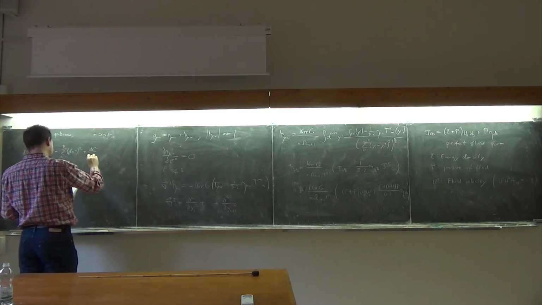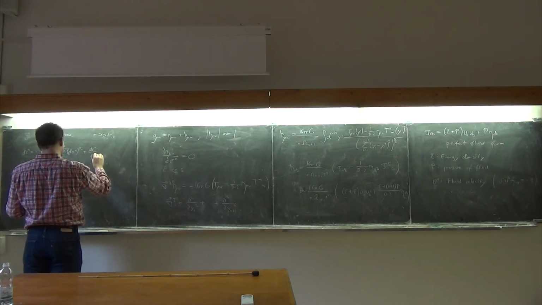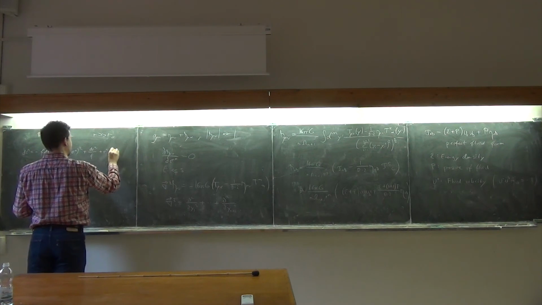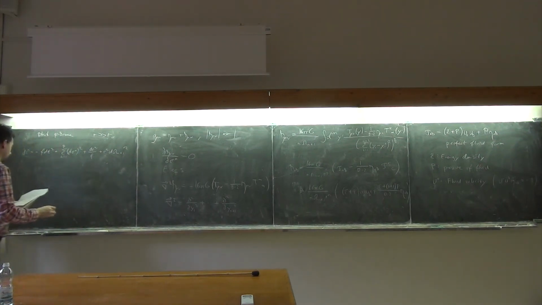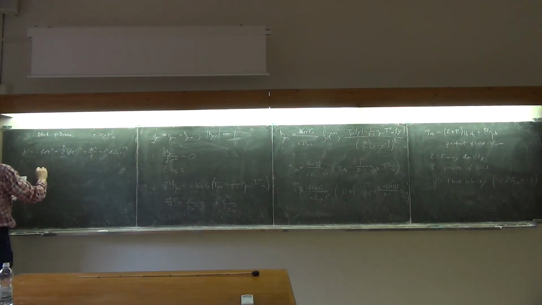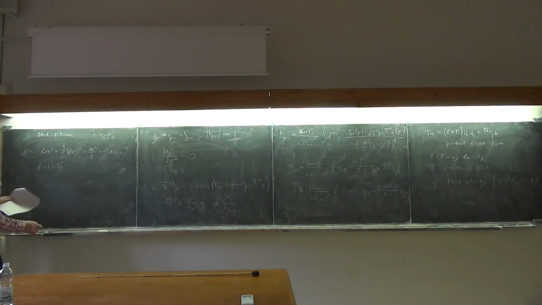I changed the name of the longitudinal coordinates from what I had before. Anyway, so we have this as the metric, and then we can read off from this part here.